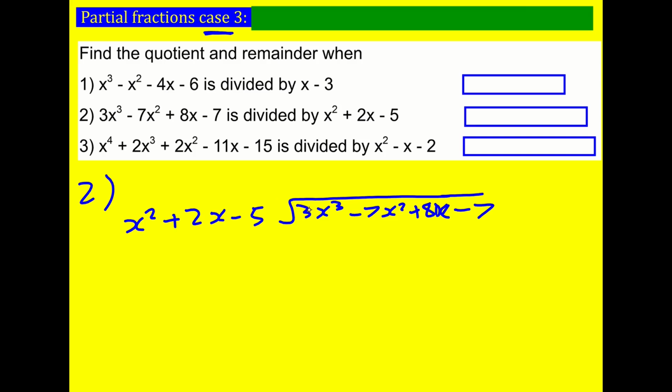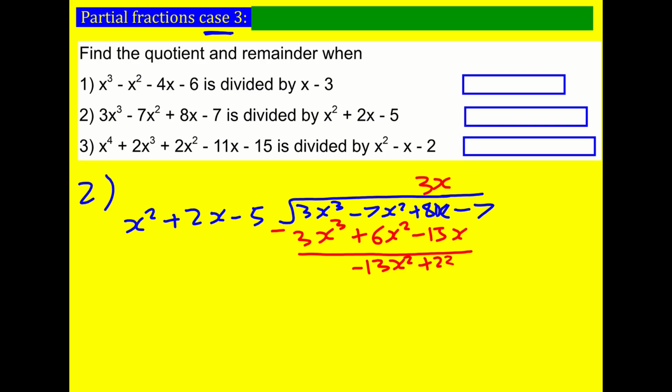So x squared into 3x cubed gives me 3x. So immediately I jump to here. I then multiply back through, and then I'm going to get a plus 6x squared, and then a minus 15x. So you can see it's working in a very similar way. It's just now I've got these 3 terms. These are going to cancel. This is going to give me minus 13x squared, and then I'm going to get a plus 23x.